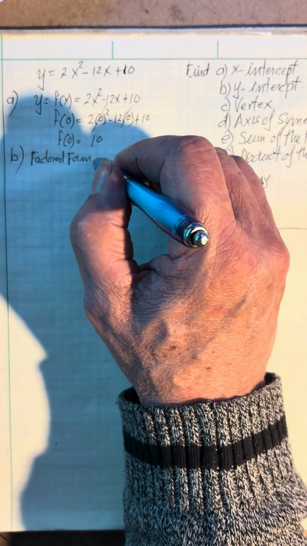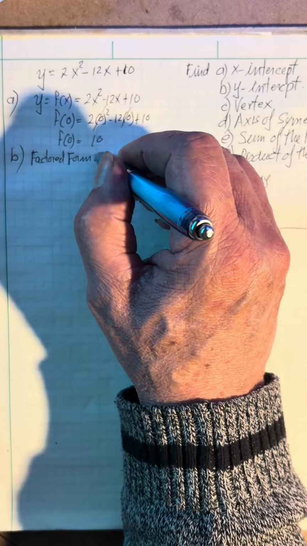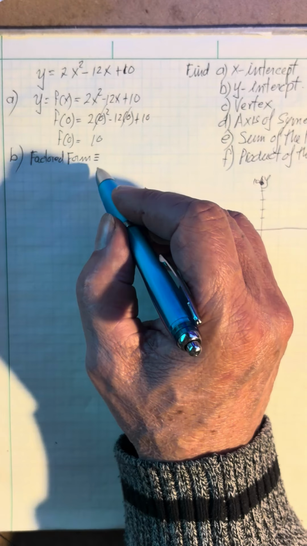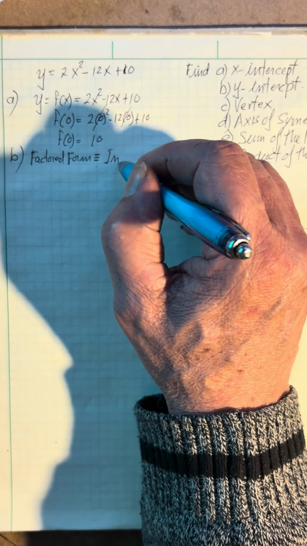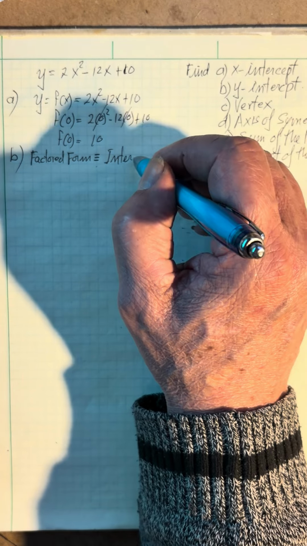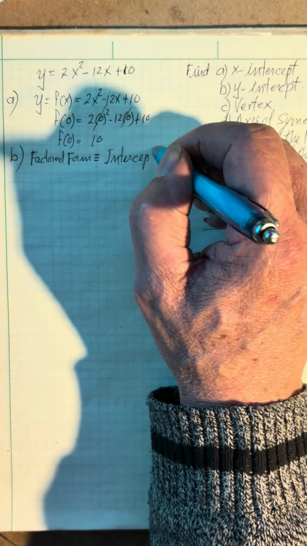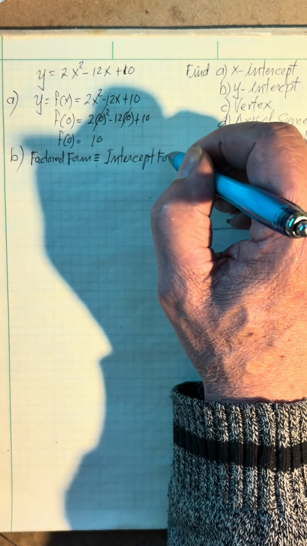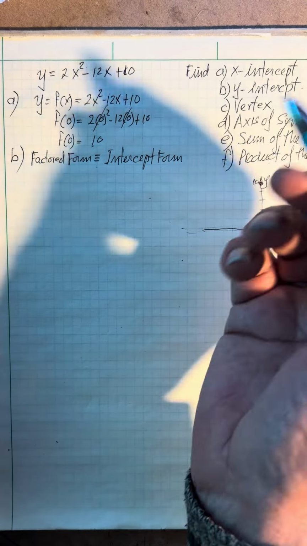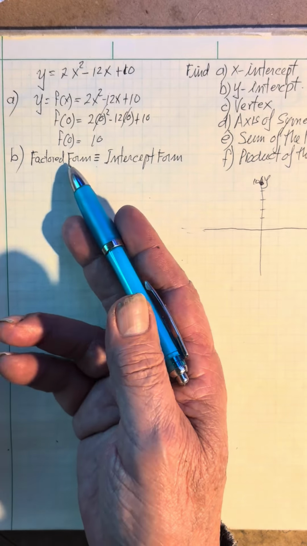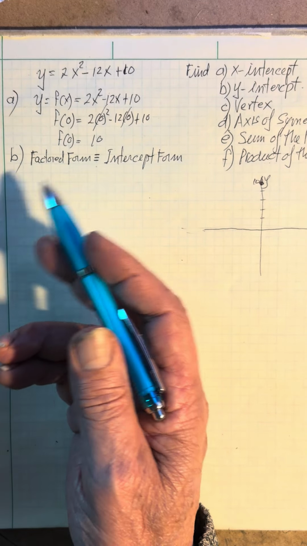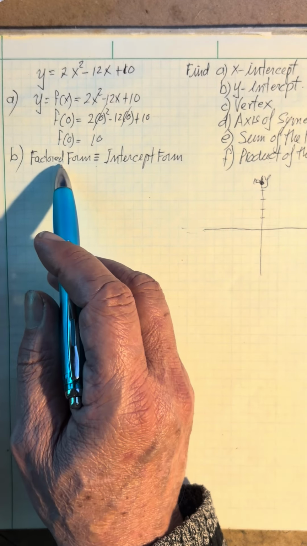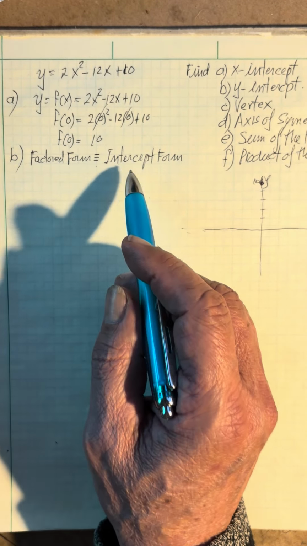which is also known, equivalent to the intercept form. I don't know why some people call it factor form and intercept form. This is valid, and that is also valid.